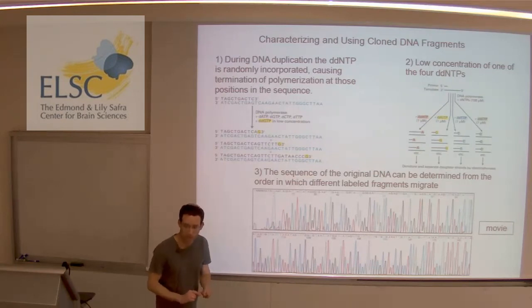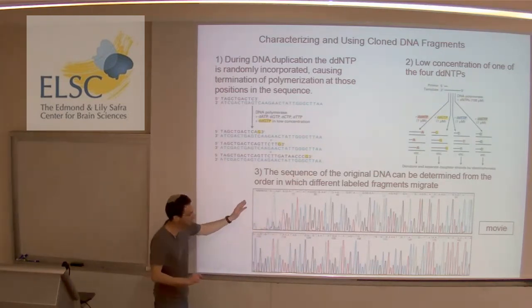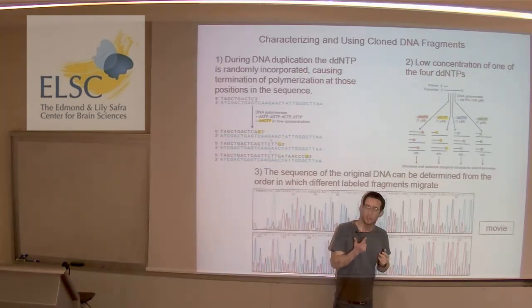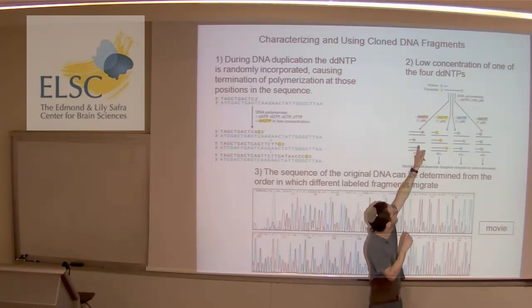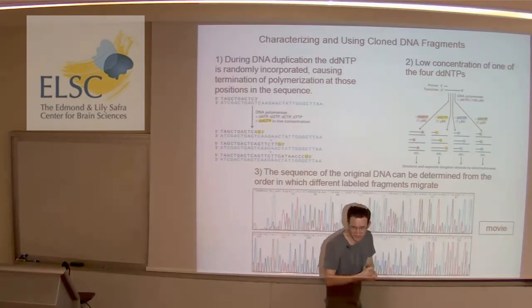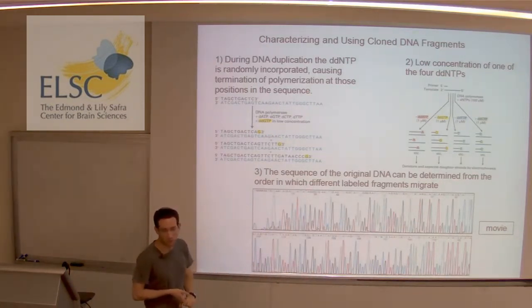Can you repeat what the y-axis is? The y-axis is just arbitrary units. Okay, that's a good point. Also, you have to mark with a radio label each of the low concentration ddNTPs, here the ddATP and ddGTP, with the radio label. You can use fluorescent dyes also, I guess, but on small molecules radio label would be more effective, I think.